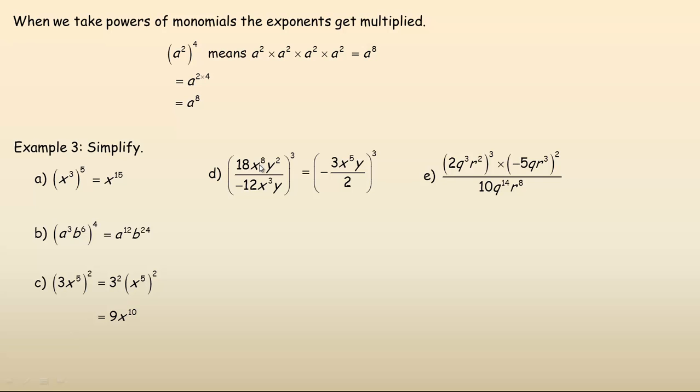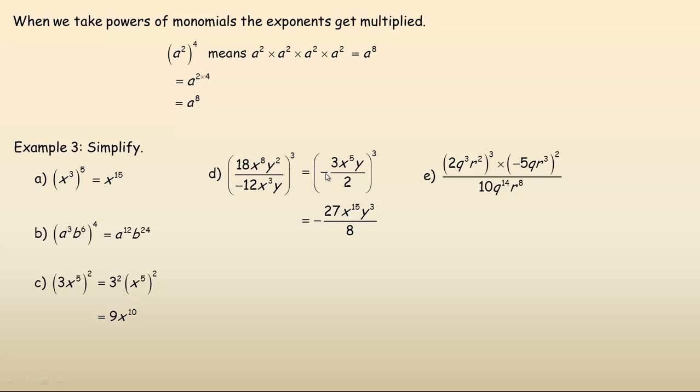And then x to the 8th divided by x to the 3rd, we subtract the exponents, so x to the 5th, and y squared divided by y to the 1st would be y. Okay, and then we could cube this. When we cube it, of course, negative 3 cubed is negative 27. That's why there's a negative here. x to the 5th cubed, 5 times 3 is 15, and y cubed would be y cubed. Don't forget about the 2 in the denominator. 2 cubed would be 8.